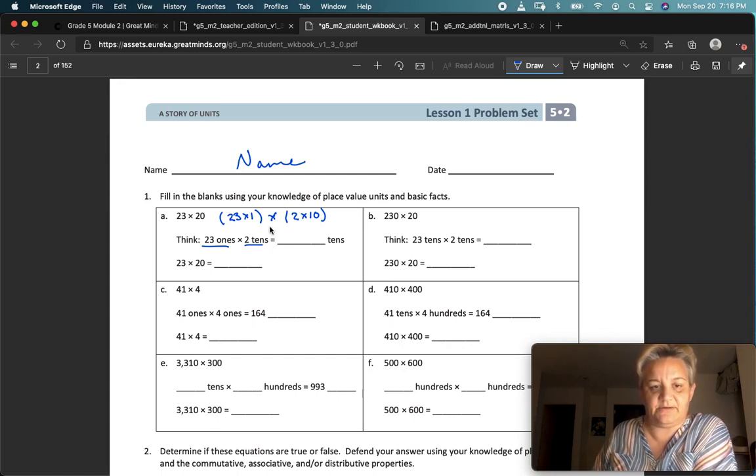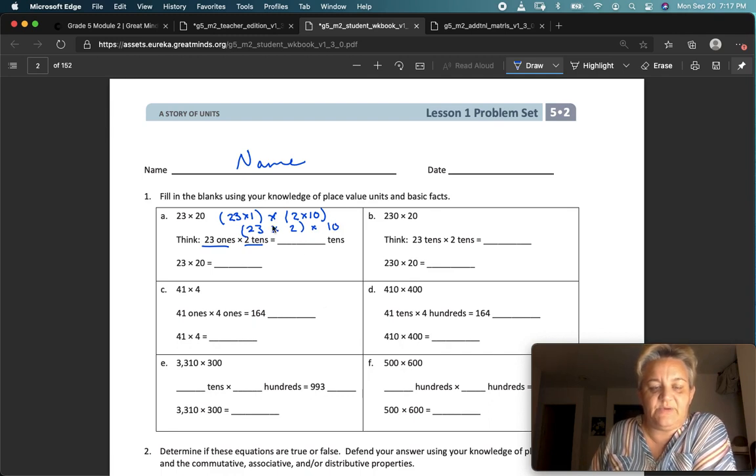Agreed? I hope so. So what that means is that I can easily multiply this, and my answer is going to come out in tens. So 23 times 1 is 23, and 2 times 10 is 20. But I can also keep this like this, 23 times 2. I could put those in the parentheses and put the 10 outside the parentheses.